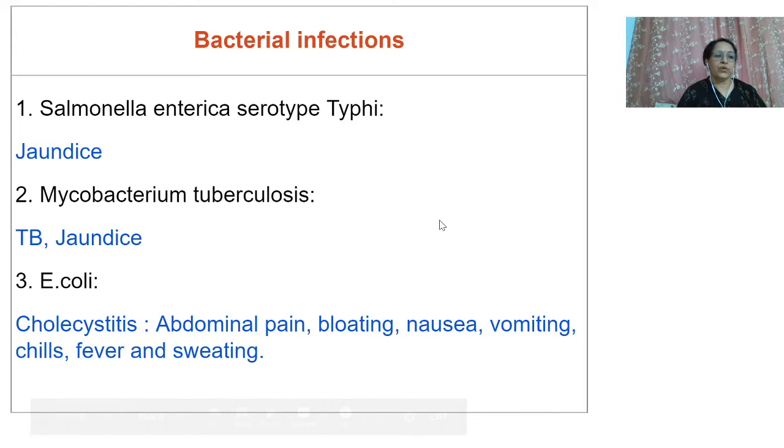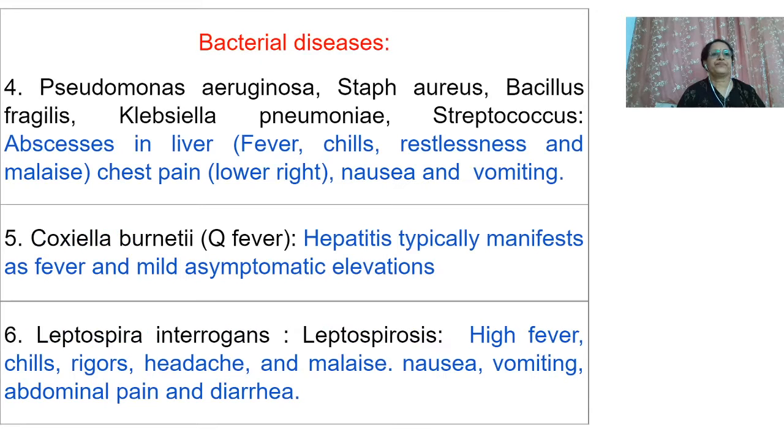Here chole means bile, and cyst means gallbladder. So cholecystitis is nothing but inflammation of the gallbladder, and here there is abdominal pain, bloating, nausea, vomiting, chills, fever, as well as sweating.